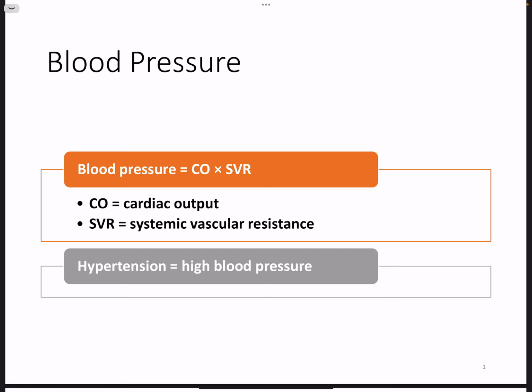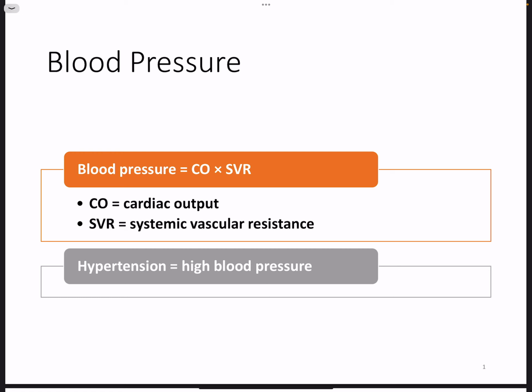Because if there is no blood pressure, we cannot survive, we need blood pressure. But in layman terminology, blood pressure means high blood pressure, and that is hypertension. If it is low, that is hypotension. And you will mostly find these problems in your clinic.